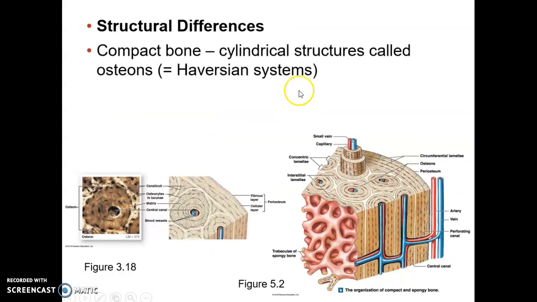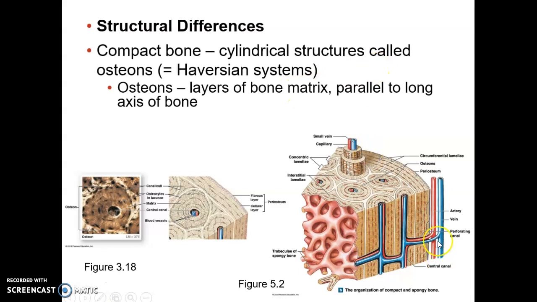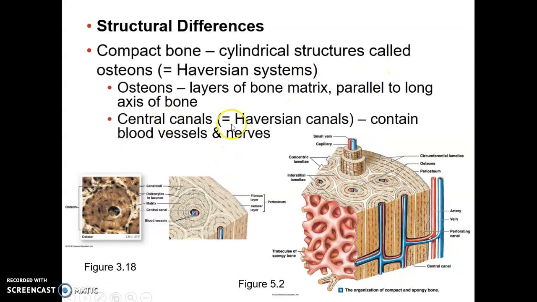Let's see. The central canal with the blood supply, blood vessels within an osteon, is also called the Haversian canals. Blood vessels and the nerves, innervation, which we don't really see here, but there are nerves that are wandering throughout the central canals, in addition to the blood vessels.